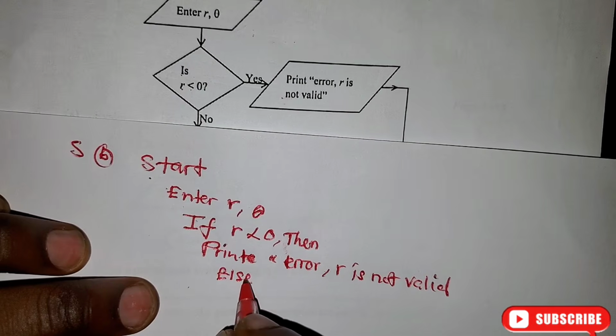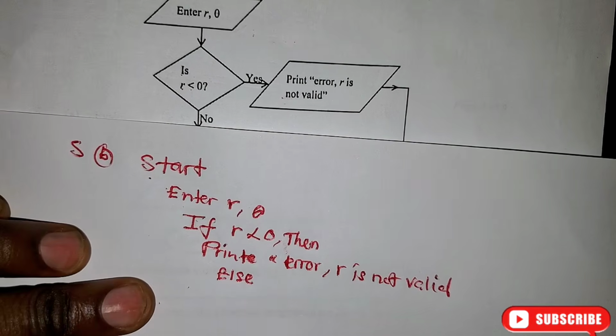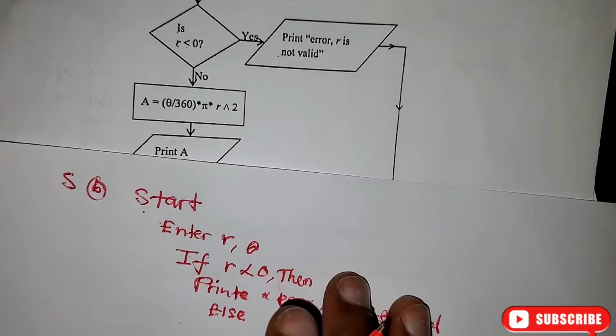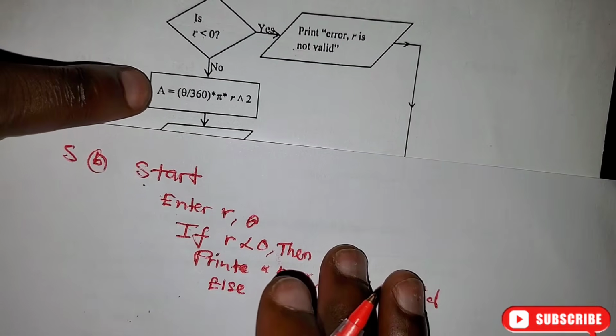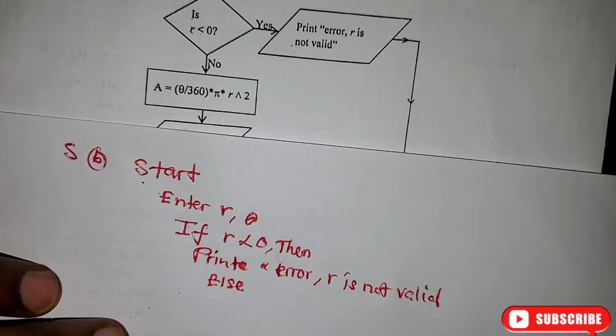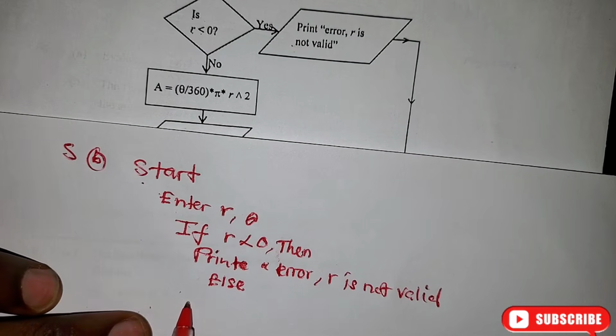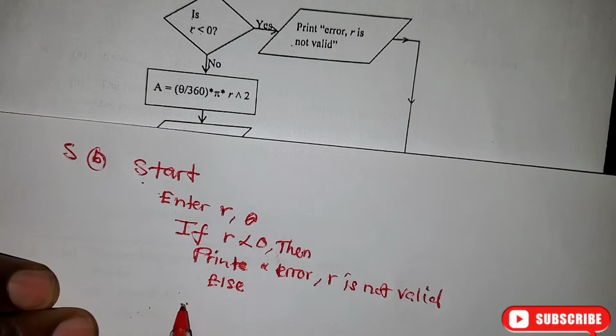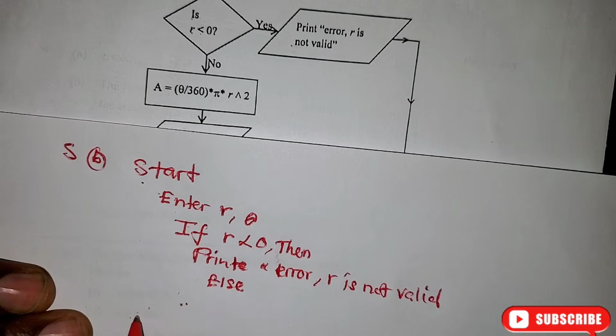Now if yes, else, it means the other way around. If not, else, what do you do? Else you calculate, you proceed in calculating, okay. Else, what do we do? We come here now, we'll be moving, going this side.